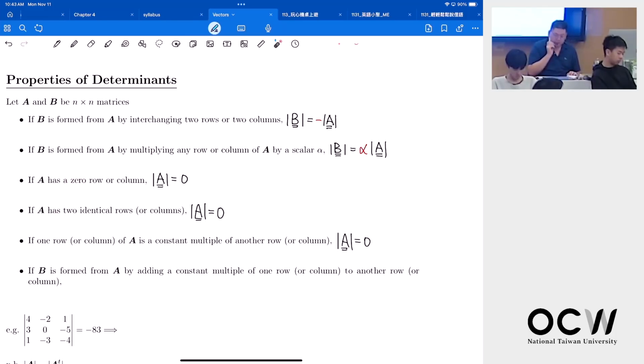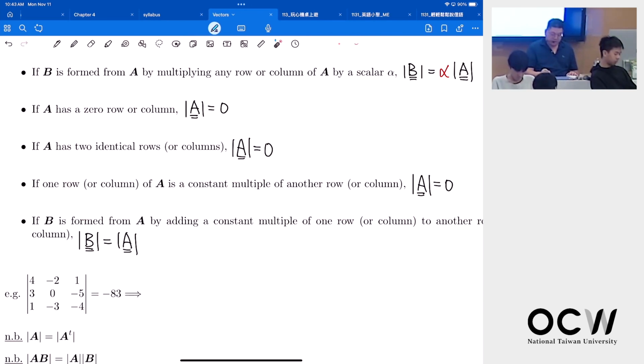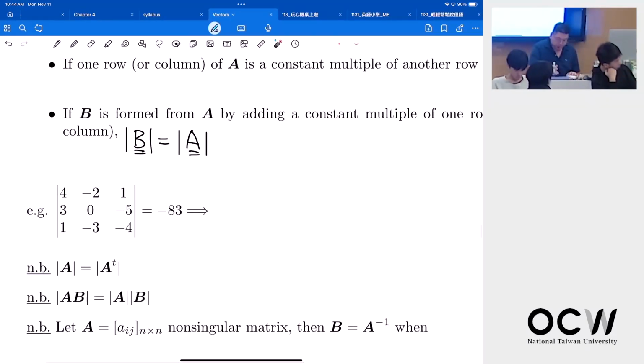Last one, if matrix B is formed from A, and this time they add a constant multiple of one row to another row, then the determinant of B is equal to the determinant of A. If I just do the row operations, or even the column, then their determinant should be the same. For example, this determinant is minus 83.